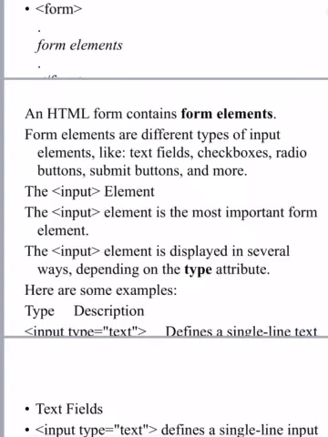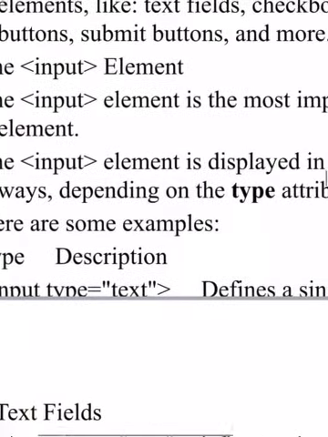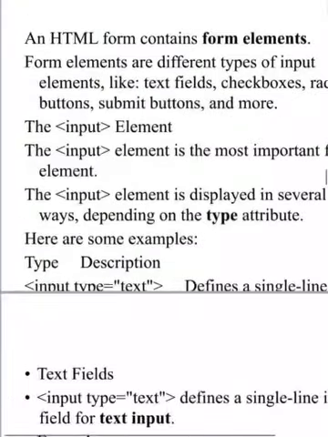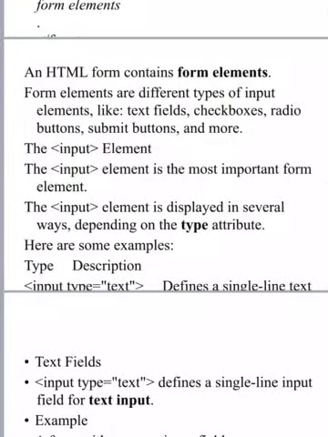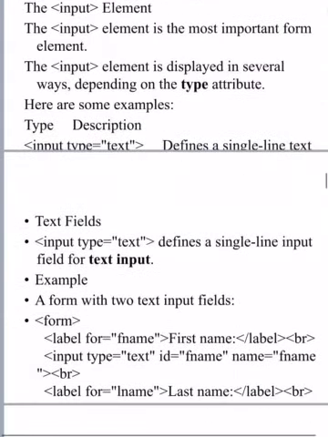It can be displayed in several ways, depending on the type attribute. This example is input type is equal to text. This defines a single line text input field.